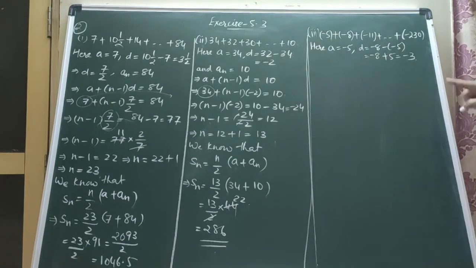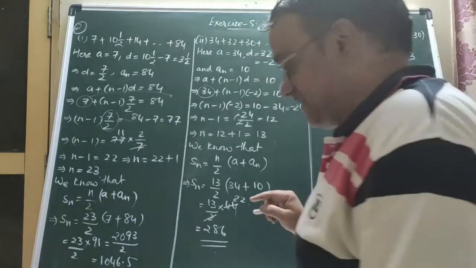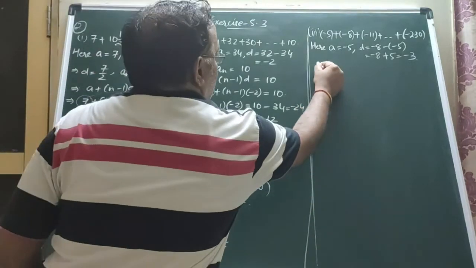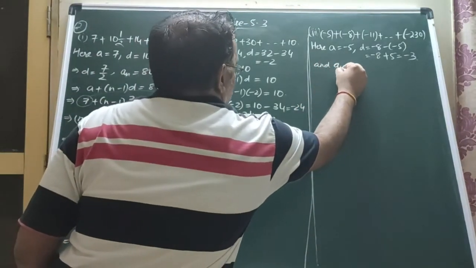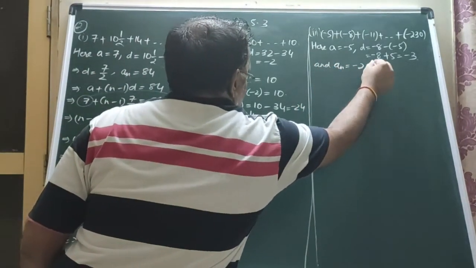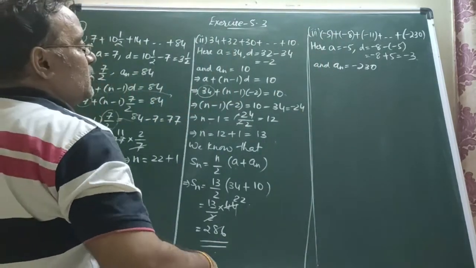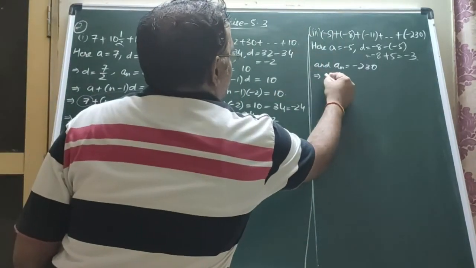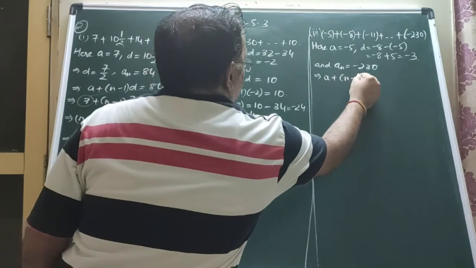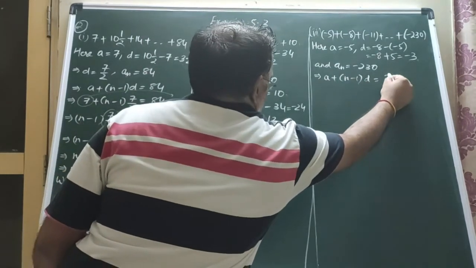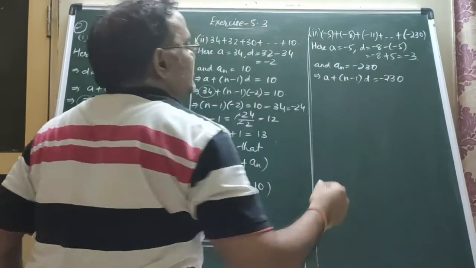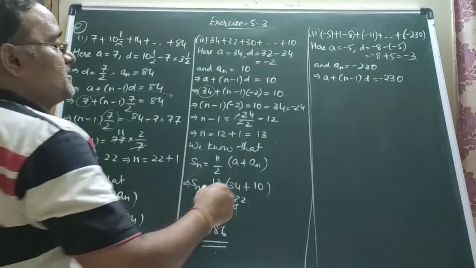Now we will find the value of n. कैसे find करेंगे? an is equals to minus 230. Okay, so this will imply a plus n minus 1 into d is equals to minus 230. Now we will substitute all the values.